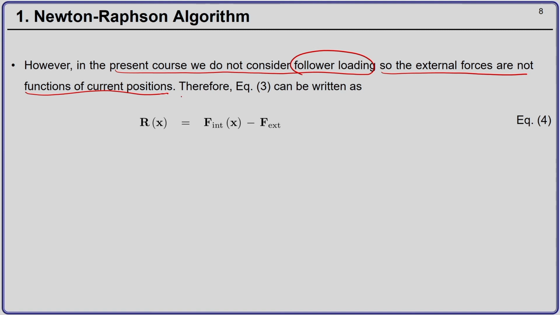Therefore, equation 3 can be written as the residual, which is a function of current nodal position, equal to the internal forces as a function of current nodal position minus the external forces. And now, see, external forces are not a function of the current nodal position. So, nonlinearity comes now solely because of the internal force vector being nonlinearly dependent on the current nodal position.